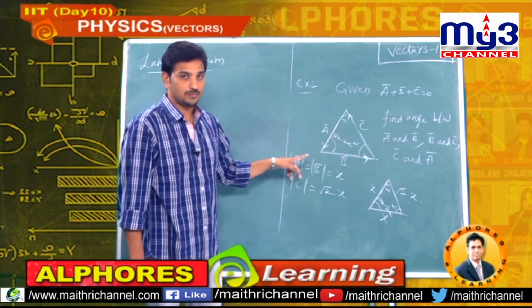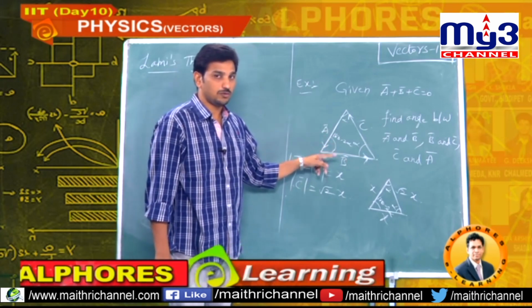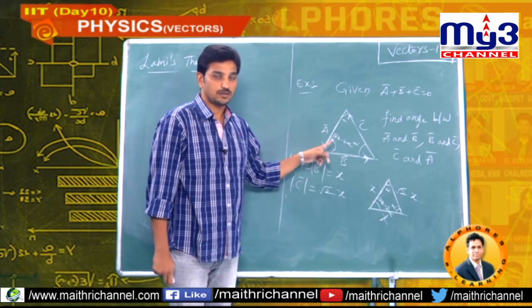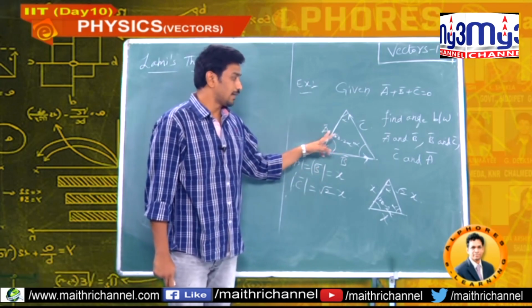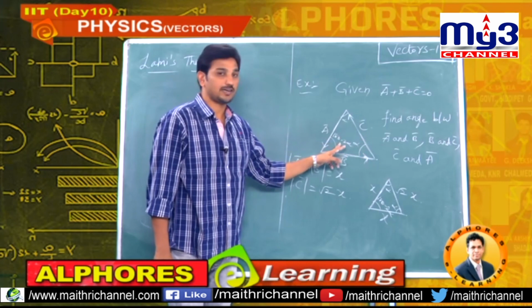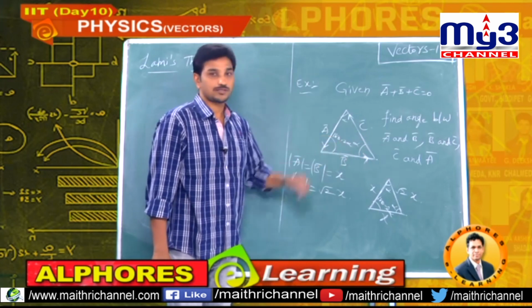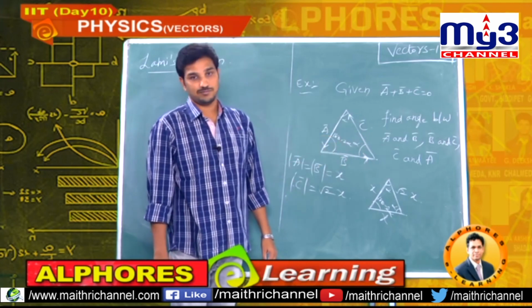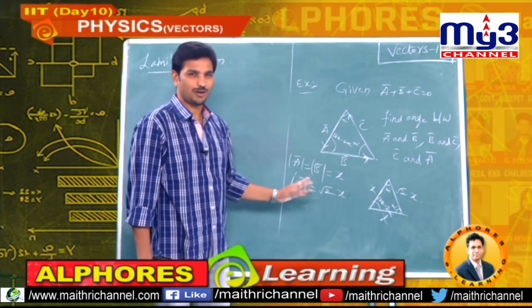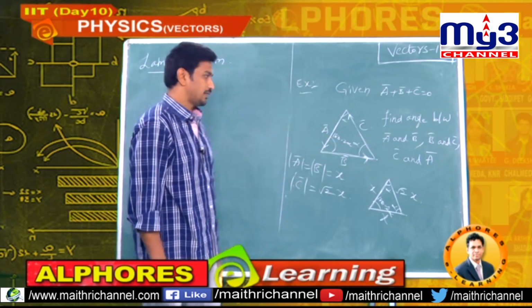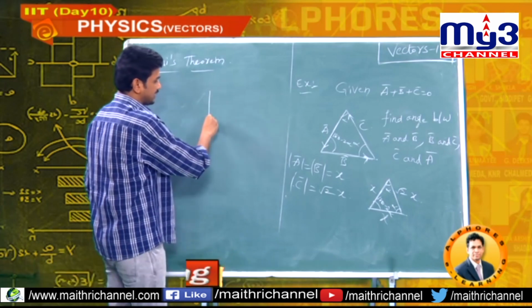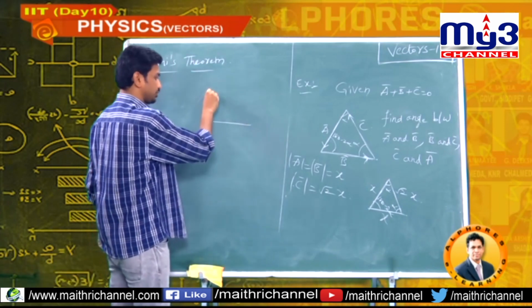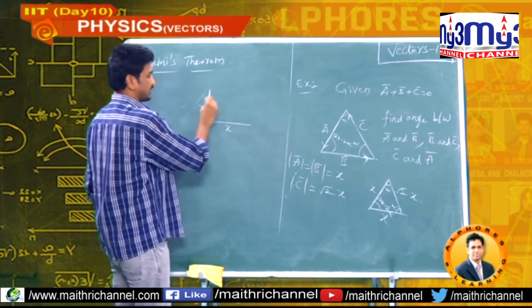Here we are directly getting the alpha value by using Lami's theorem. Vector by sine of opposite angle, vector by sine of opposite angle. Now without that also I can write the angle directly. No need of all this Lami's theorem, direct. How can you do that? Two sides are equal according to the given question: x, x.